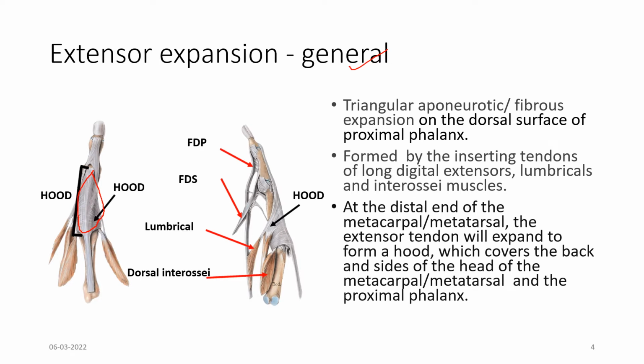So the distal end of the metacarpal and the proximal end of the phalanx will be covered by the extensor hood in the case of upper limb, and in the case of lower limb, it is the distal part of the metatarsal and the proximal part of the proximal phalanx that will be covered by these tendons.